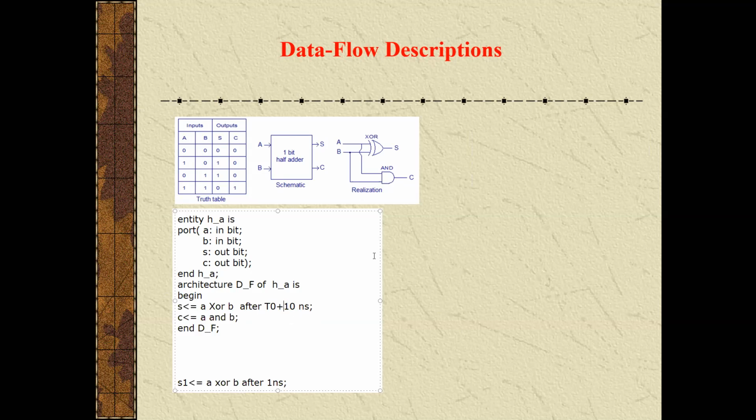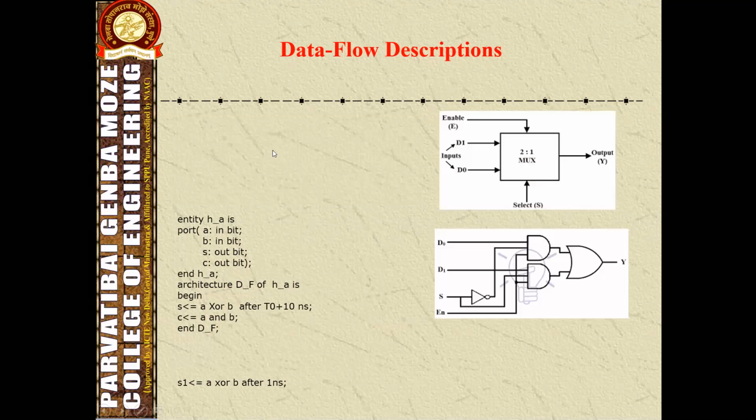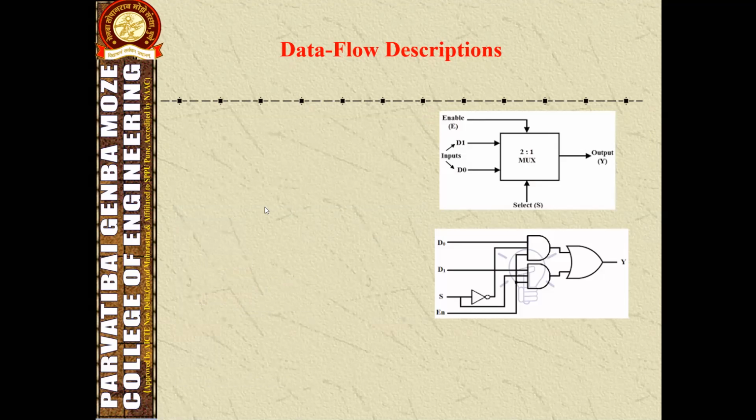Let's see how the program has to be written for the mux operation here. This is the 2-in-1 multiplexer with an active low signal. This signal is an active low signal here.